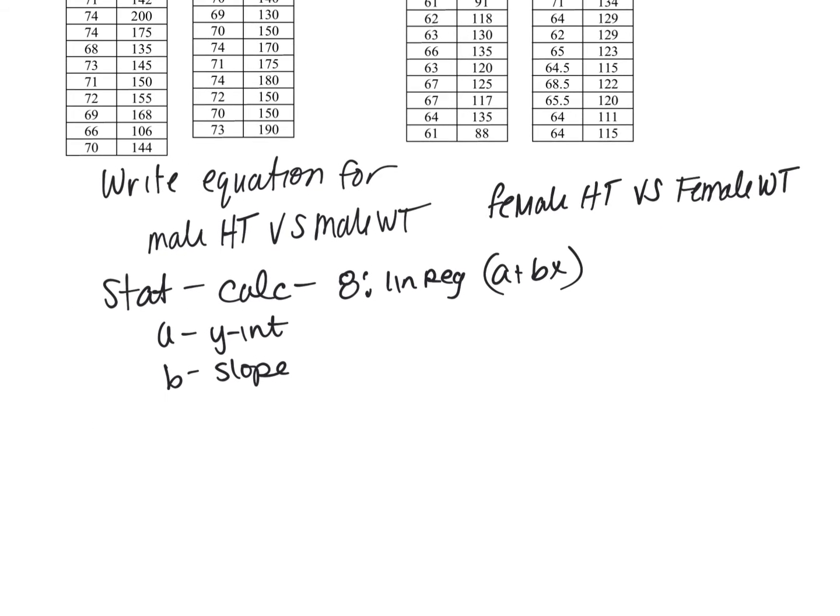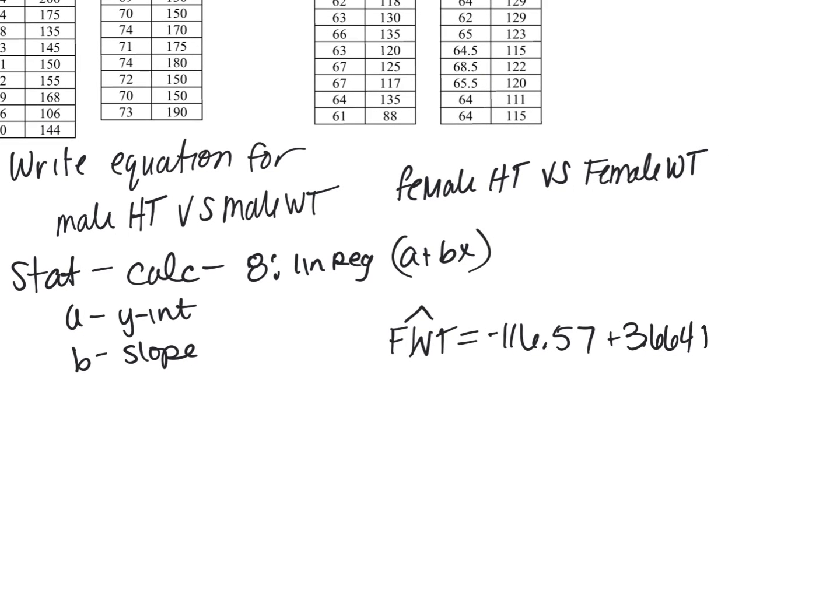Okay, so for the female height and weight, we got female weight hat, right? I got negative 116.57 plus 3.664 female height. Yeah?